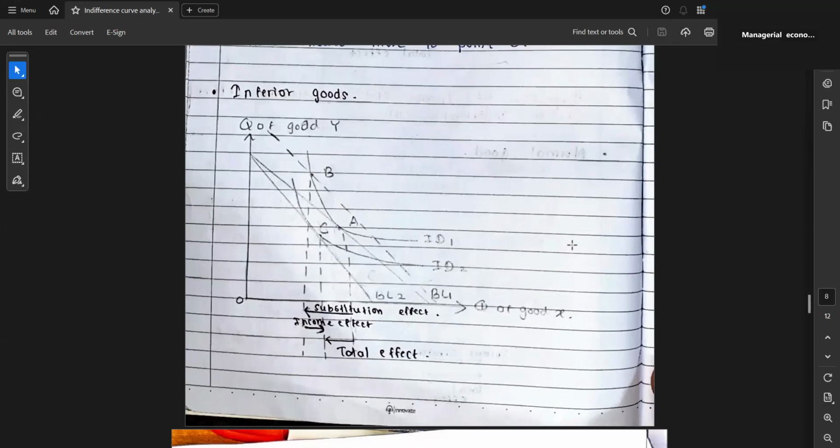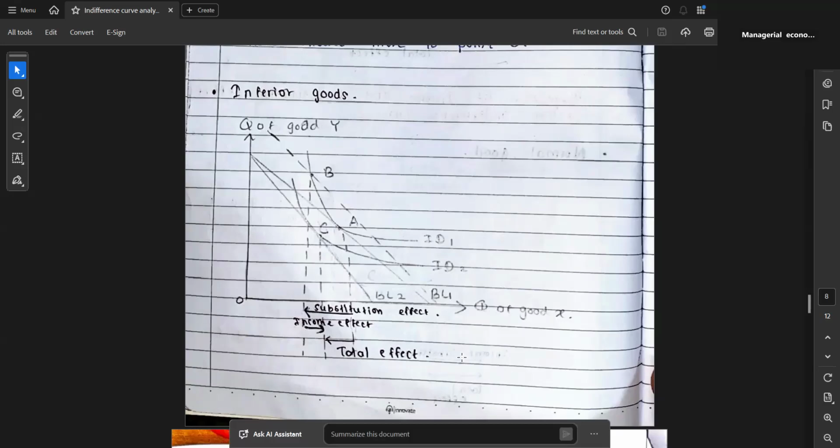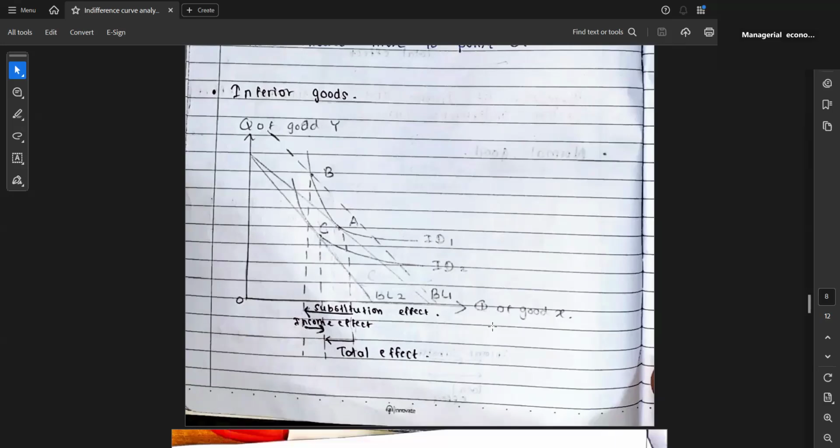Similar to normal goods, the balance is going along with the law of demand. So that means the substitution effect is higher in inferior goods compared to the income effect.